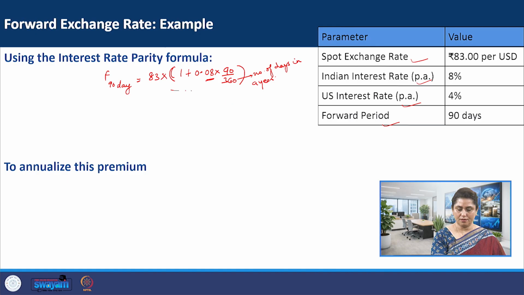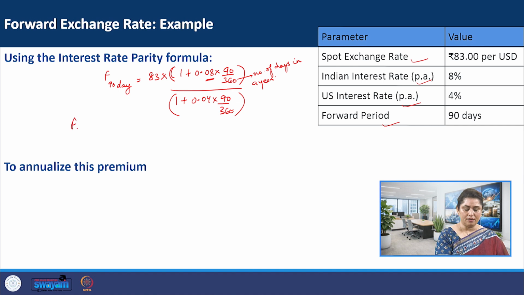So the next is going to be 1 plus 0.04 into 90 upon 360. So if you remember, we had this formula: forward rate is equal to S naught into 1 plus RD upon 1 plus RF, whereas RD is the interest rate in the domestic currency and RF is the interest rate in the foreign currency.